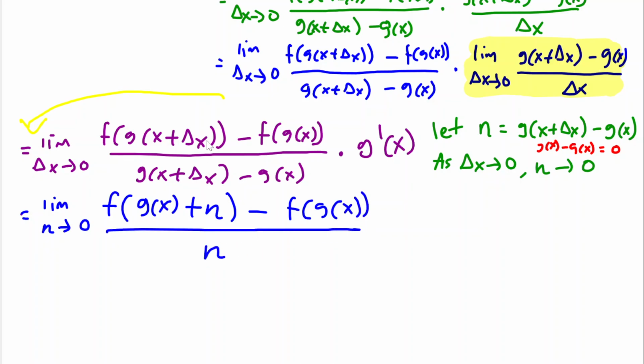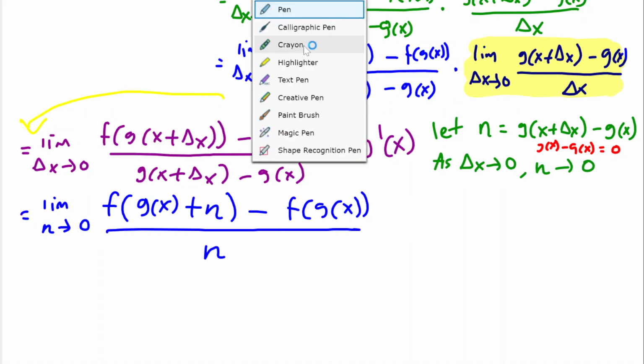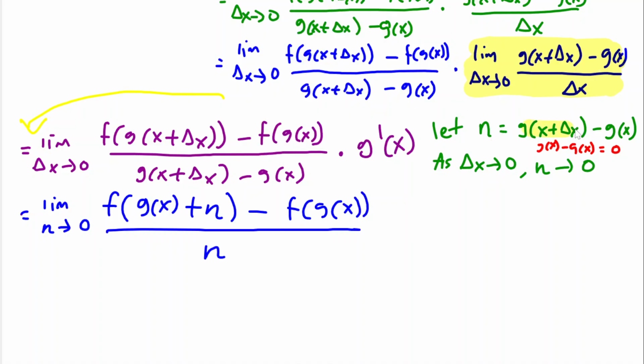How did I get this? Well, look at this guy here: n equals g of x plus delta x minus g of x.